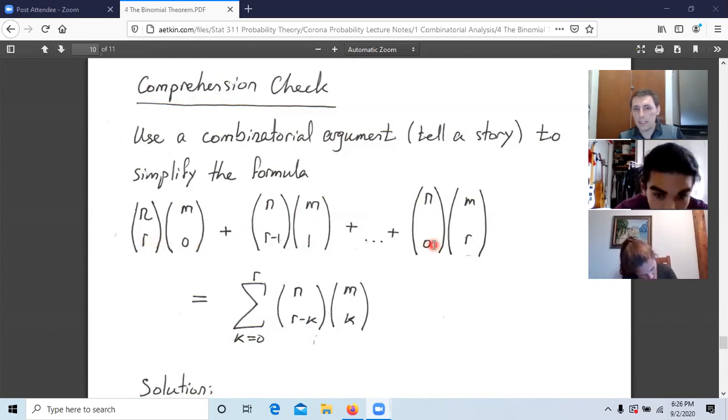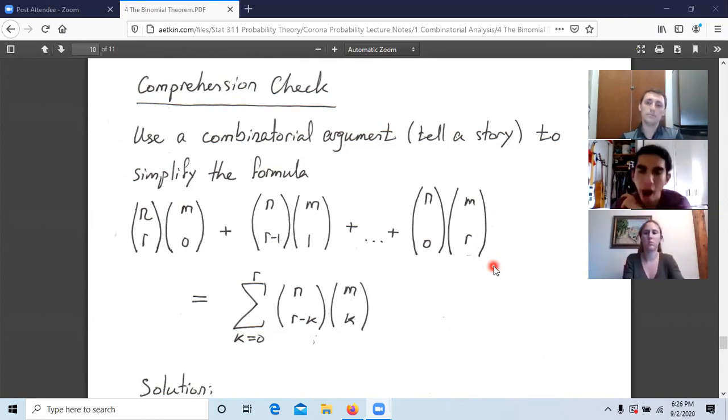I go from r, decrease until I go to 0, and I take elements from m here. So the question is to figure out what this sum is equal to.